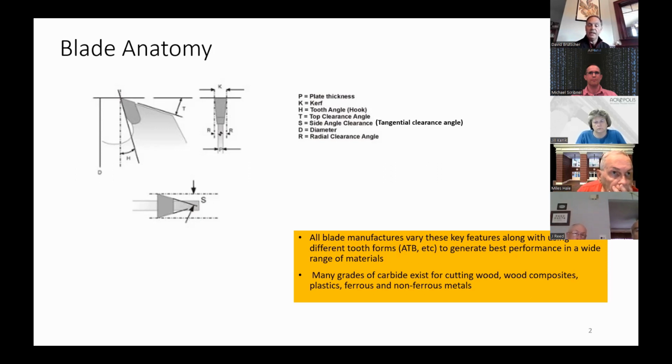All blade manufacturers really vary these key features to get blades that will cut either faster or slower or perform different tasks in different types of materials. Along with that, of course, there are many grades of carbide out there, and they're really tailored for cutting wood, wood composites, plastics, ferrous, and non-ferrous metals.